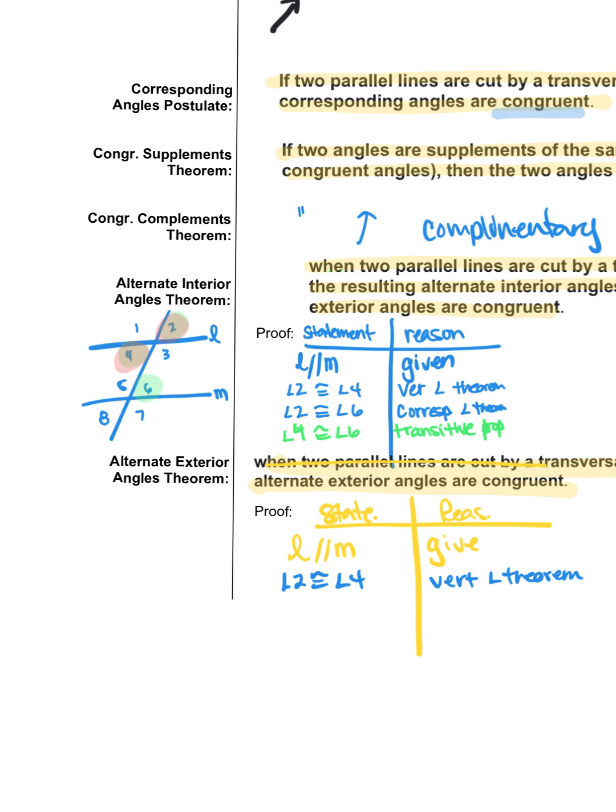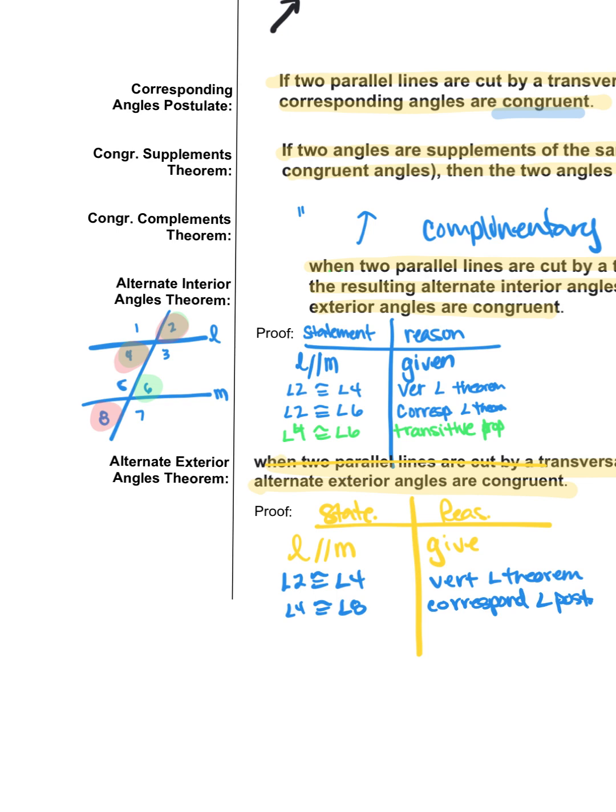We know angle 4 is congruent to angle 8 because angle 4 and angle 8, if you can look at those two, they're corresponding. They're in the same location, so corresponding angle postulate.